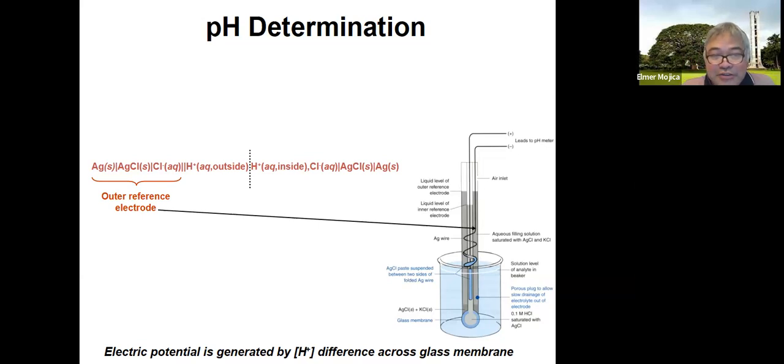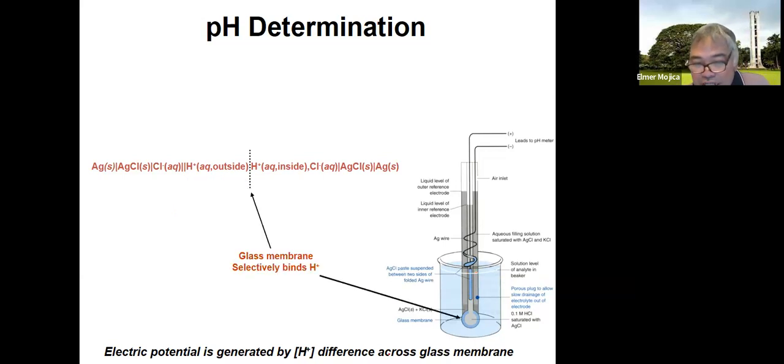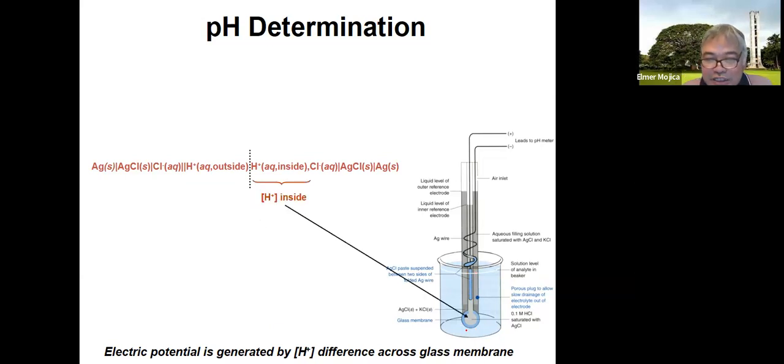As you can see here, the one that is participating is not the silver, but the chloride ion. That's the one you have in the outer reference electrode. Then you have the H+, which is the one outside in the solution. And look what happened: there is also a glass membrane in between them, and inside that you also have an H+.